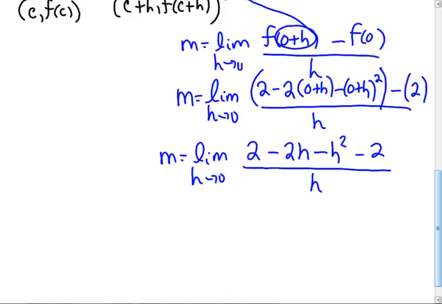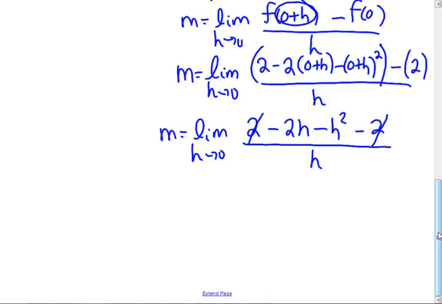I have to distribute my negative along with this 2. So 0 plus h squared is just h squared. Because h plus 0 is just h. What happens to the 2's? They go away. Why can I do this so fast? Because I've done this hundreds of times. Okay, thousands of times.